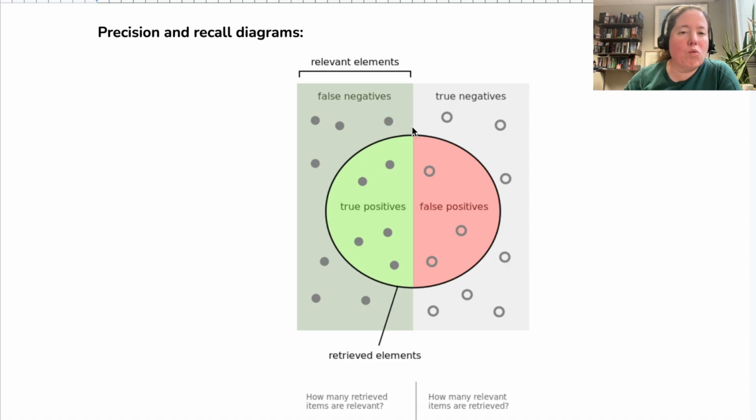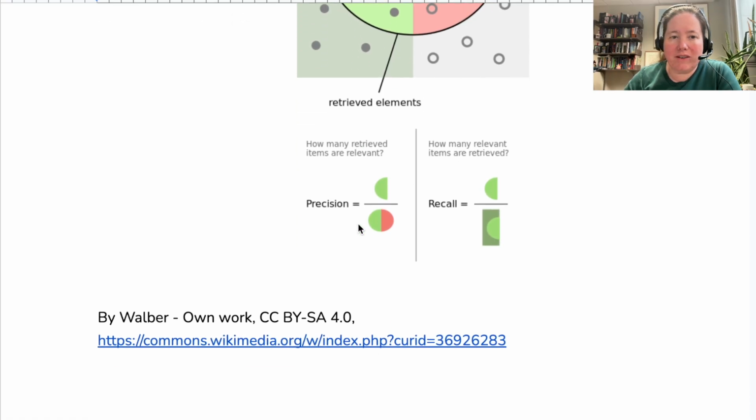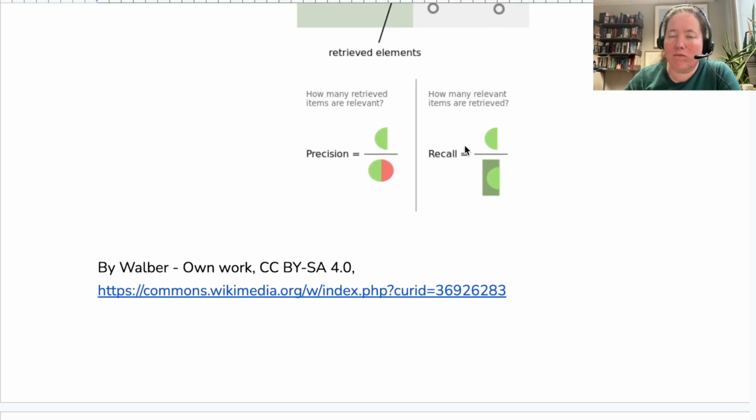And we want to know what proportion of the values that are supposed to be true did the model actually identify as true. So we take the true positives and we divide it by the total number of positives in this right-hand region. And again, I'll scroll down a little bit and you can see there's a pictorial representation of the formula. True positives divided by all positives.